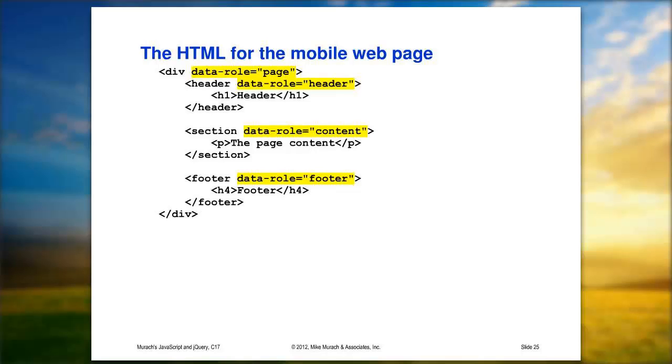Now we're into structural elements, so it doesn't have to be a div. It can be a header. Data-role equals header. Section, data-role equals content. Footer, data-role equals footer. So it's a good idea, when possible, to use your HTML5 structural elements instead of just generic divs. Generic divs are fine to use when there is no other tag that has any kind of meaning.